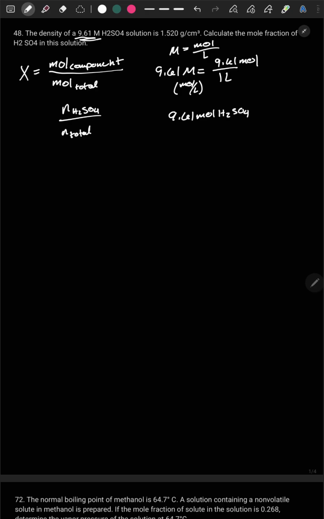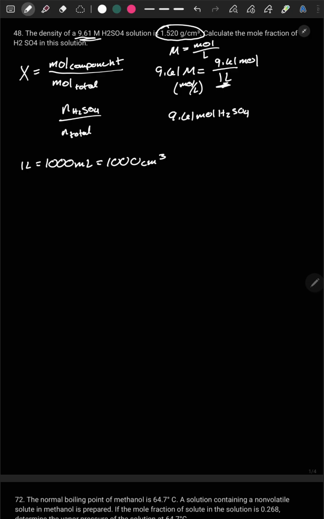So let's see, what else can we do here? We know that the entire solution has a density of 1.52 grams per centimeter cubed. Well, where can we apply that? We know that we're going to use a liter, and 1 liter is equal to 1,000 milliliters, which is also equal to 1,000 centimeters cubed.